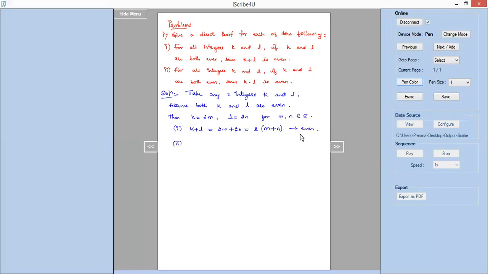Similarly, when I perform k into l, we have 2m into 2n. This is 4 into mn. 4 into mn is also an integer divisible by 2. So this is also even for us. So thus we can conclude k plus l and k into l are both even.